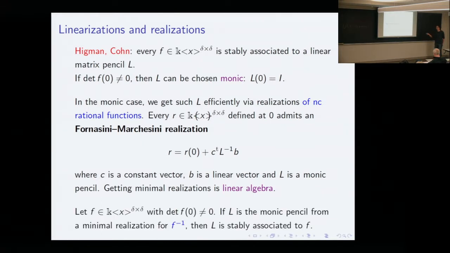If you take an NC polynomial, or a matrix of it, such that at 0 it has an invertible value, then you take the realization for f inverse, which is a rational function, and the L that I get from it is an L stably associated to f, of optimal size. That's the machinery that helps us go from polynomials to pencils.